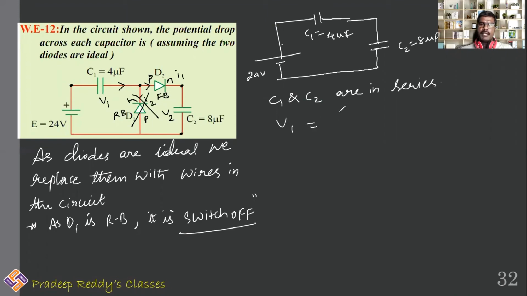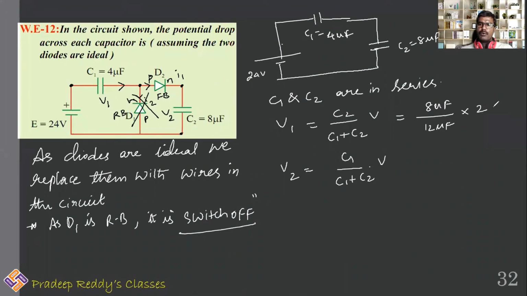V1 can be simply written as C2 divided by C1 plus C2 into V, and V2 is equal to C1 divided by C1 plus C2 into V. C2 is equal to 8 microfarad. Because these are connected in series, their reciprocal is being taken here. So C2 is 8 microfarad and C1 plus C2 is 12 microfarad into net voltage, 24 volt. And this is 12 to 24, 8 to 16.